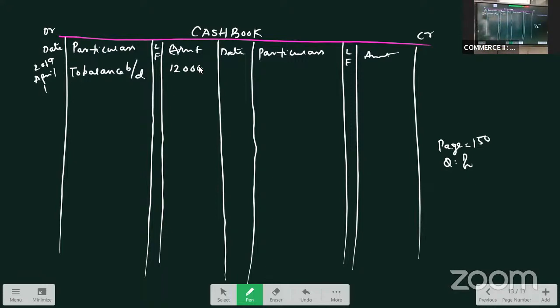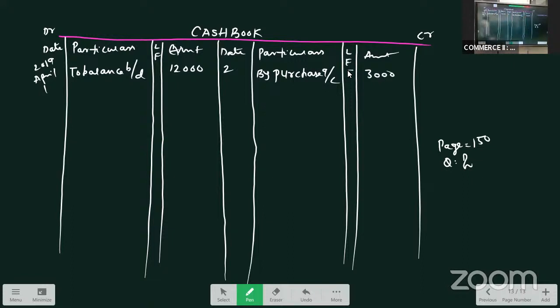Next, on second, we purchase goods for cash. That is, we made some purchases and there is an outflow of cash. Cash is going from the business, so write it on the credit side. By purchases, 3,000.